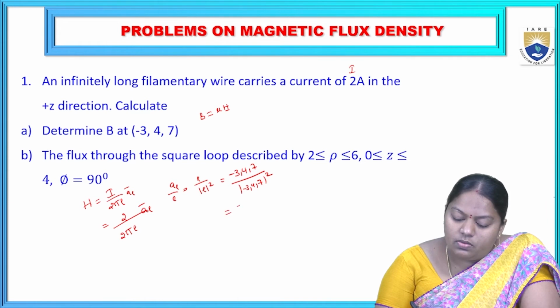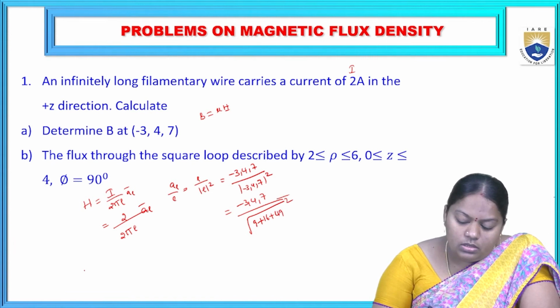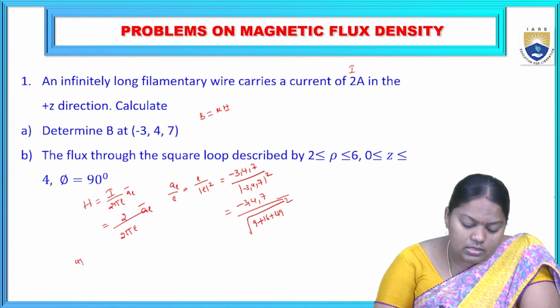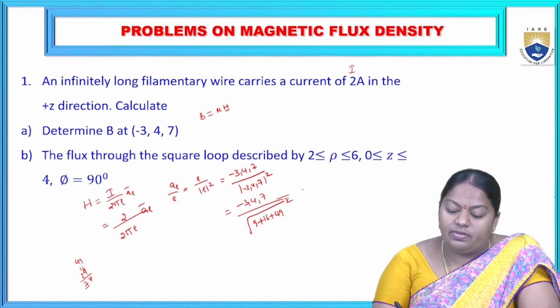Right? So which is equal to (-3, 4, 7) by the square of root over 3 squared, 9, plus 4 squared, 16, plus 7 squared, 49. So 9 plus 16 is 25, plus 49 is 74. The square root gets cancelled, then it will be 74.